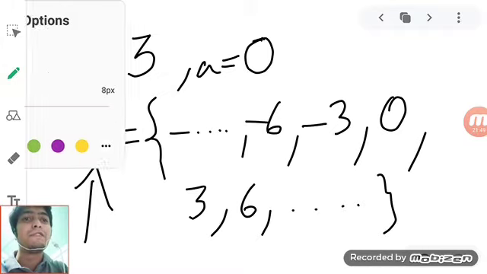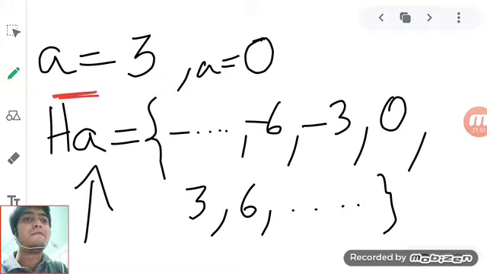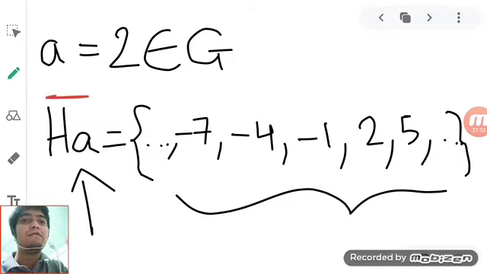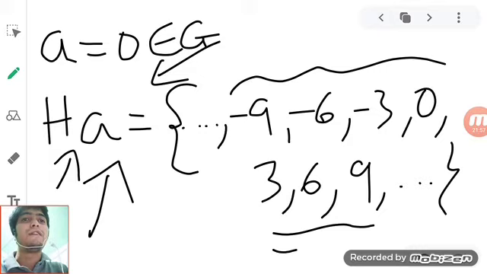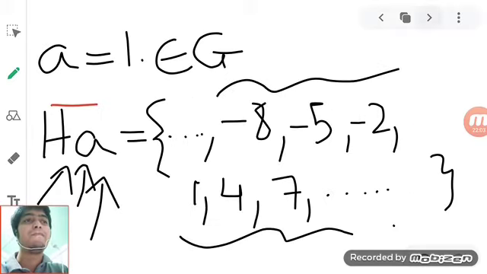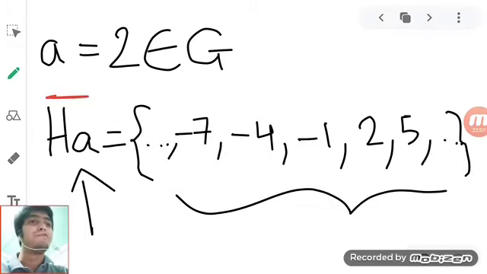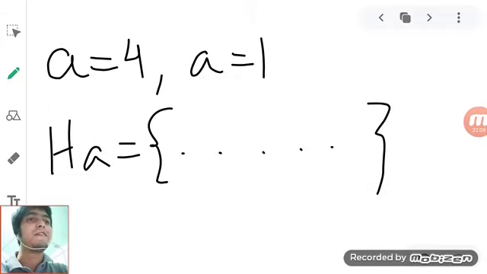The 3 distinct cosets will be this one, when A equal to 3, when A equal to 2, when A equal to 1. Those are the 3 possible cosets. Or even you can take A equal to 0, A equal to 1, and A equal to 2. So we will be getting 3 distinct cosets.